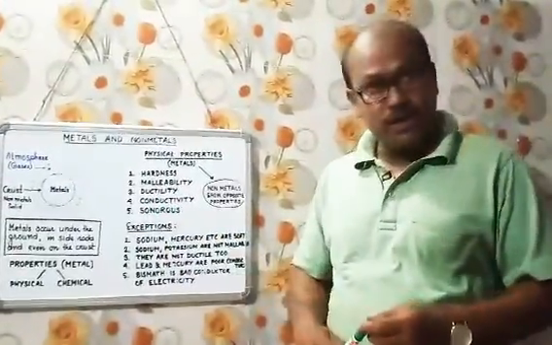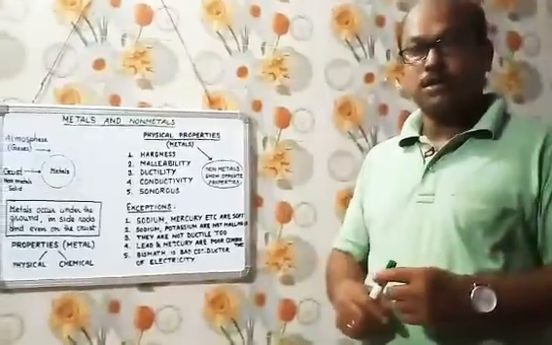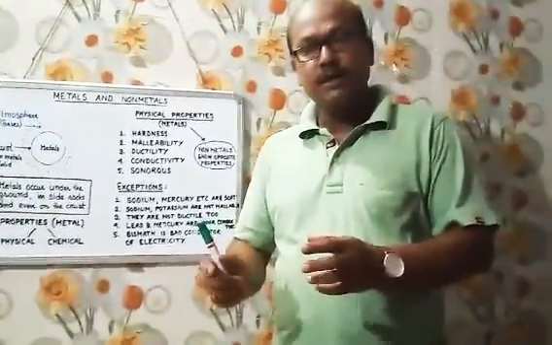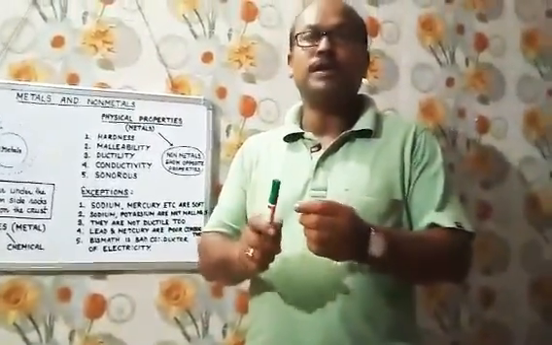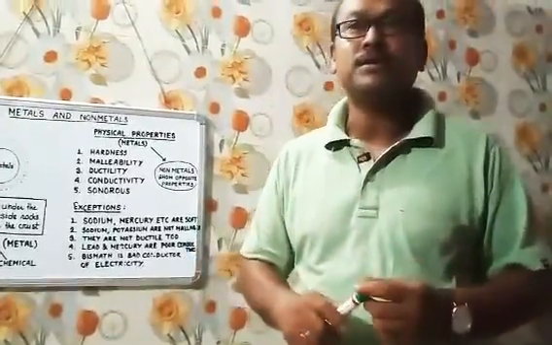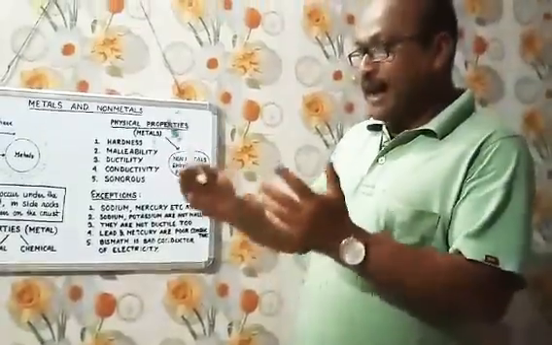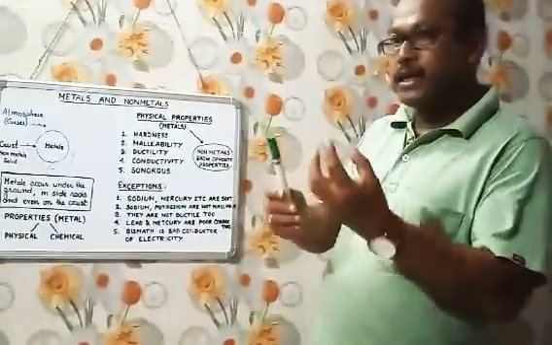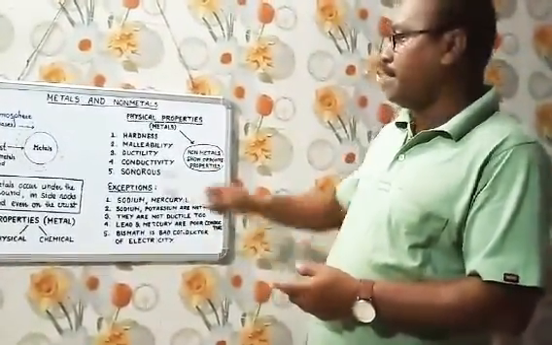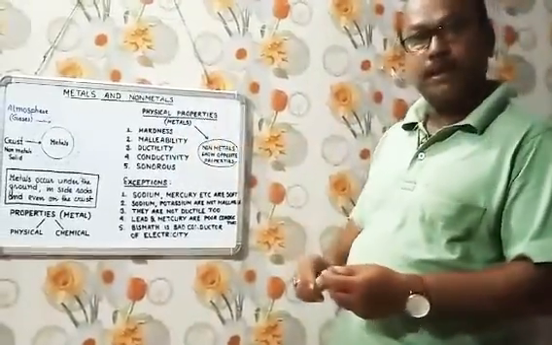The last but not the least, metals are sonorous. Sonorous means they always produce sound when they are hit by some other materials. So that property is called as sonorous. So we can identify whether an element that you have is a metal or non-metal by distinguishing this property.